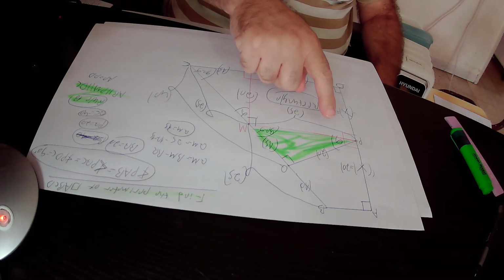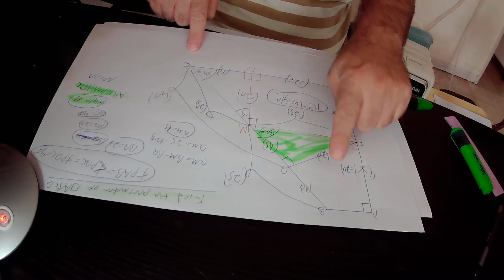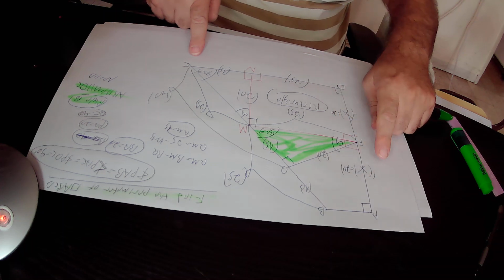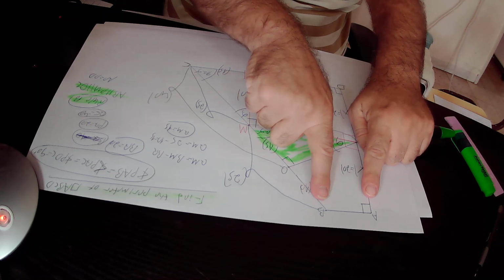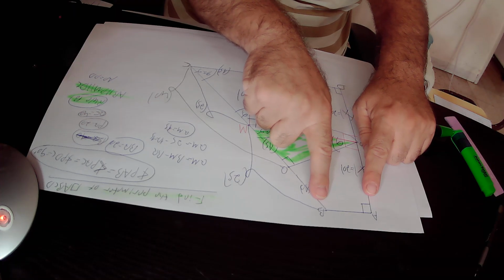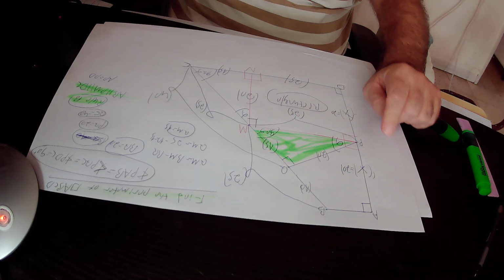AB in total is 20 plus 20, that is 40. DC in total is 40. And BC in total is 10 plus 40, that is 50. The only missing side is side AB. After we find out the length of side AB, we will be able to find the perimeter of this quadrilateral ABCD.